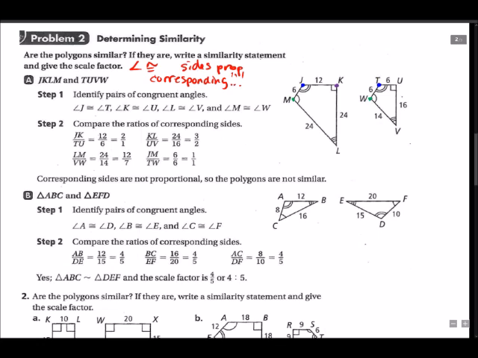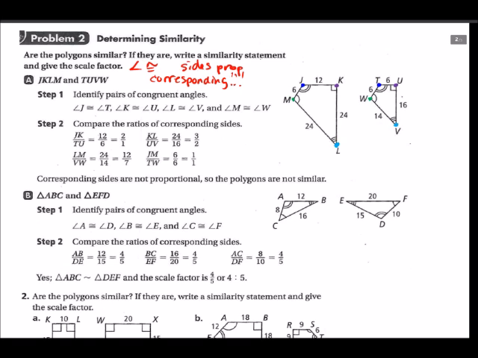If I continue on in the same direction, do I get to a right angle? Yes, I do. And then as I move down the figure, I get to a 3-angle mark. As I continue on with this one, I get to a 3-angle mark. And that connects back to our 1-angle mark. So our corresponding angles are congruent.